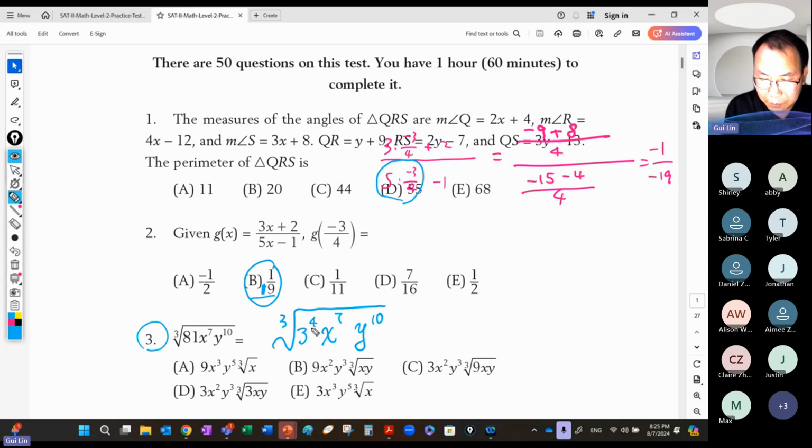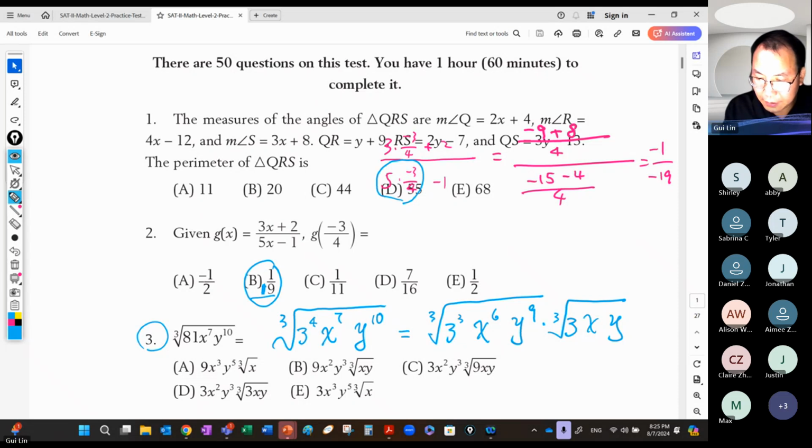So we take the powers of 3 out first, take y to the power 6 and y to the power 9 out, and then what is left is 3, x, y, inside the cubic root.